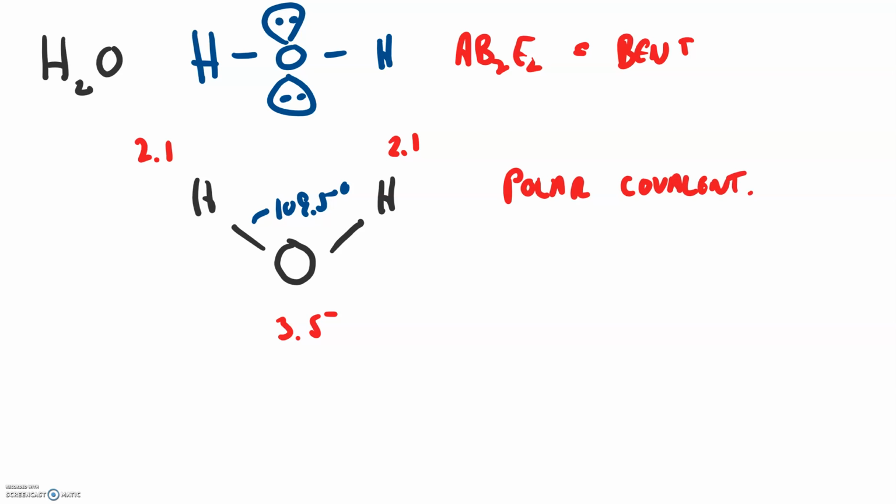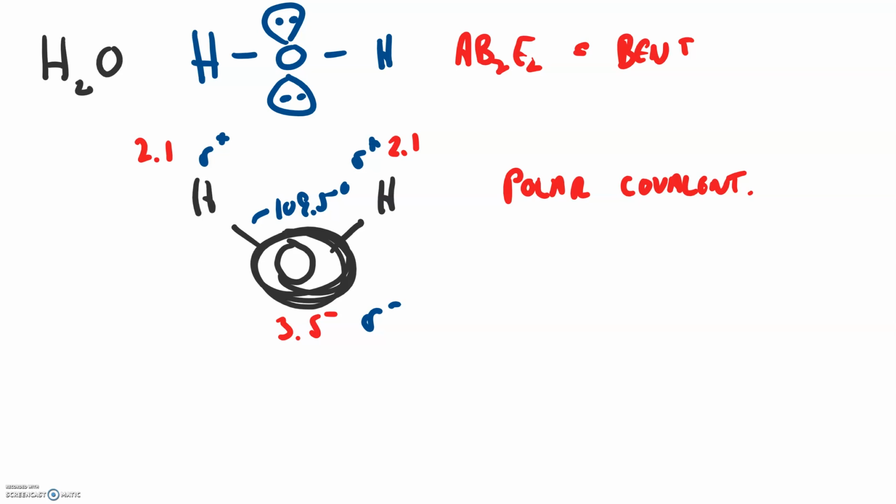That means that the electrons are spending most of their time around the oxygen and very little time around the hydrogens. That means that, relatively speaking, the oxygen has a net negative charge and the hydrogens have a net positive charge.